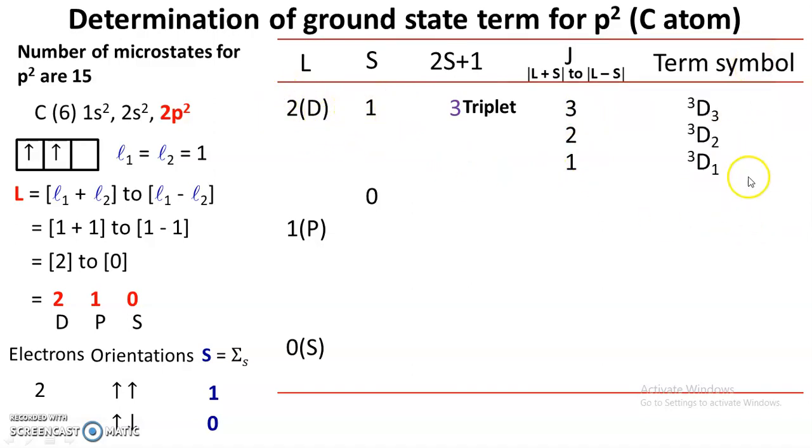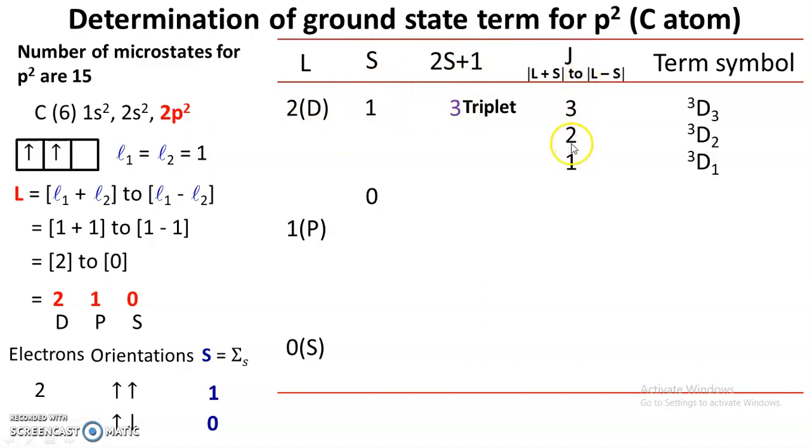Now the corresponding term symbols for these 3 J values are as follows. Here L is equal to 2 and therefore the symbol is D. Here the multiplicity is 3 and the J value is 3. So 3D3 is the first term symbol for L equal to 2, S equal to 1, multiplicity 3 and J equal to 3.